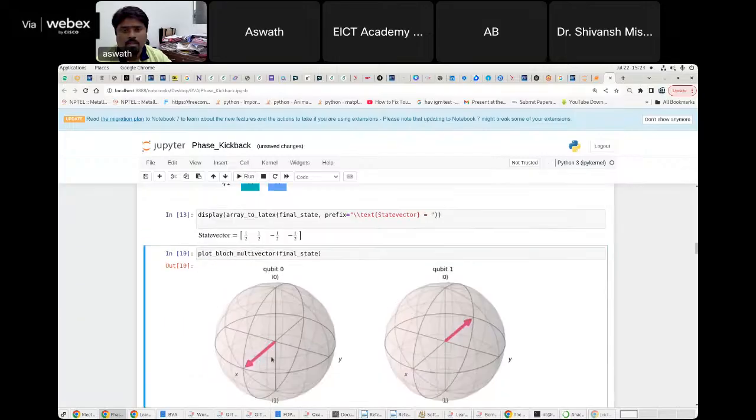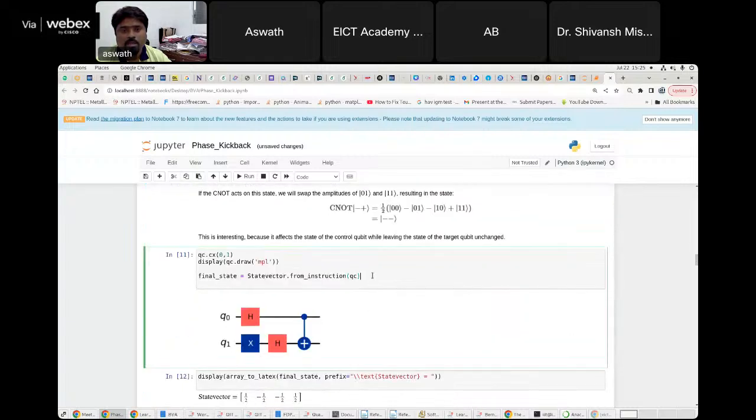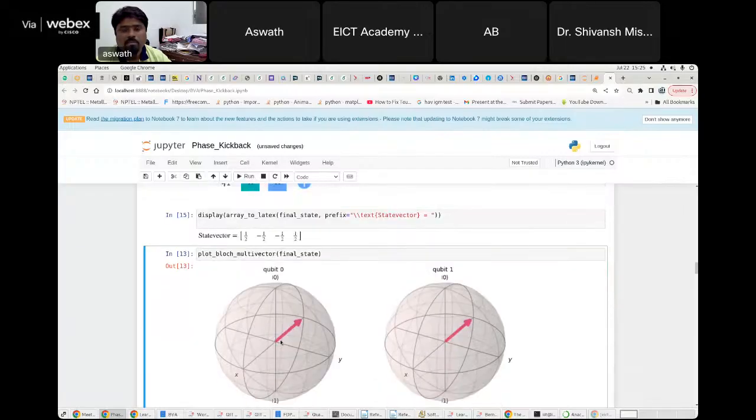I plotted. The first one is plus, second one is minus. Add a CNOT, run. The CNOT is run. Plot the result. See, both become negative, negative.